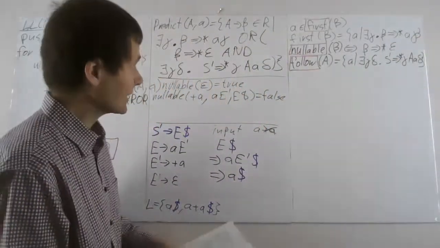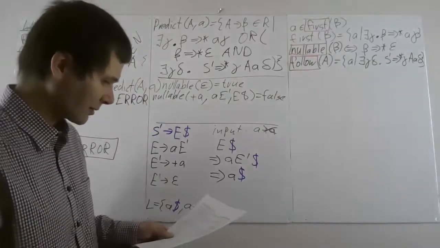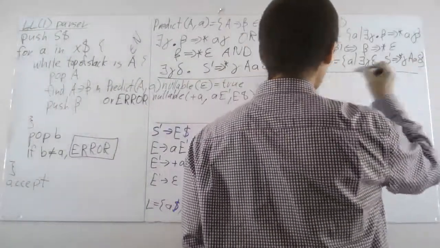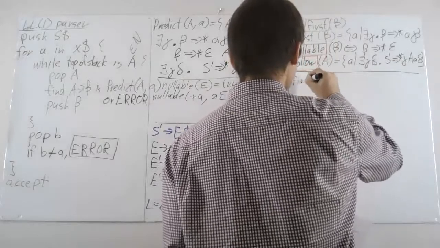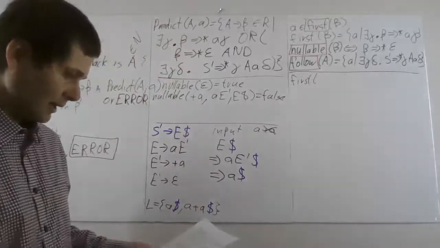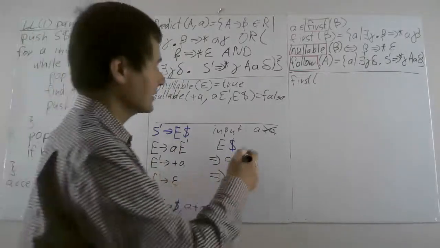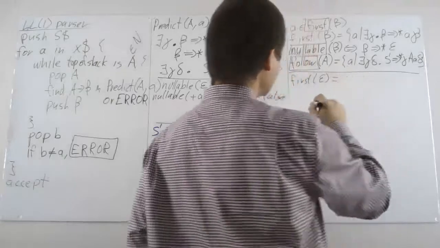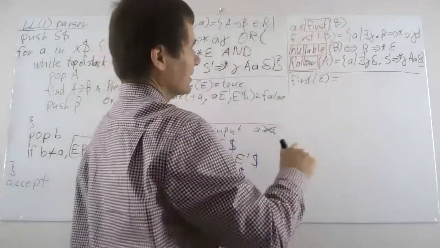How do I compute the first sets? Well, again, you're going to need first sets for the right-hand sides. All right, and so the first set of the empty string, how is that defined?